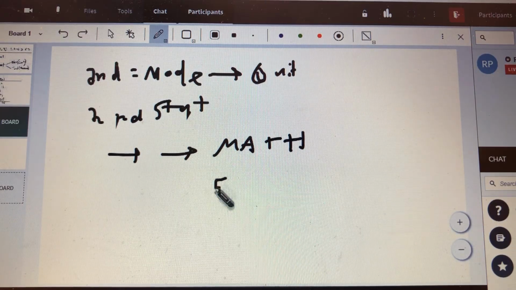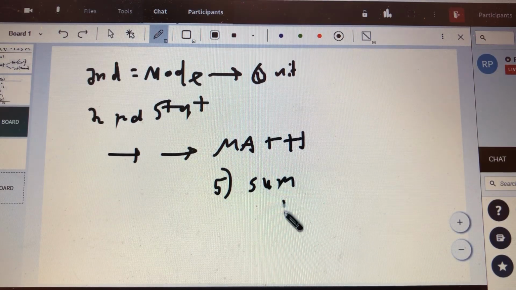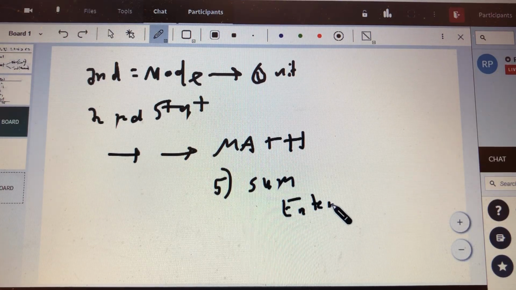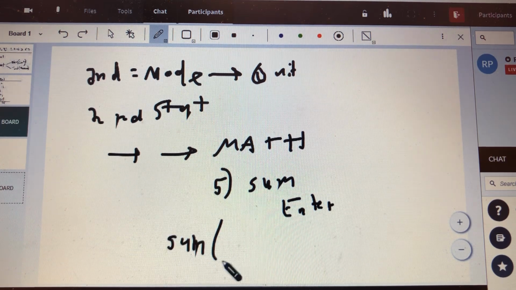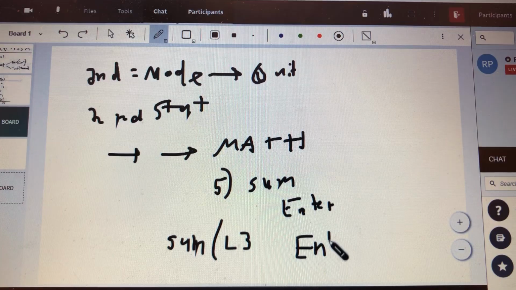Choose number 5, the sum. Press enter. And you'll be back on the main screen. It'll say sum parenthesis because it doesn't know what you want it to sum up. So then you have to type in L3 yourself and press enter. You don't even have to close the parenthesis if you just press enter right then. Press enter and the mean pops out.